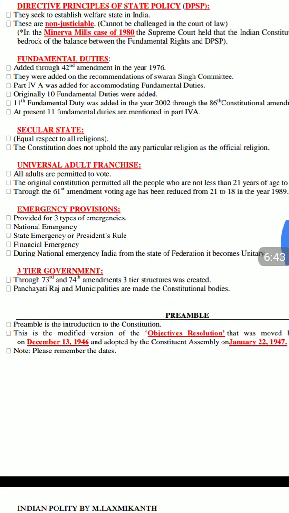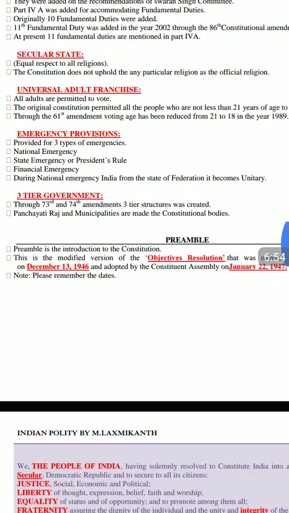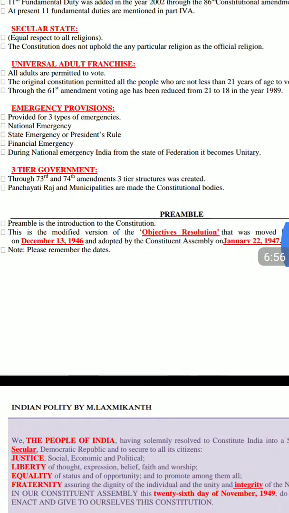The three-tier government: through the 73rd and 74th Amendment, a three-tier system was created. The Panchayati Raj and the municipalities were made constitutional bodies. So next we come to the preamble. The preamble is an introduction of the constitution.